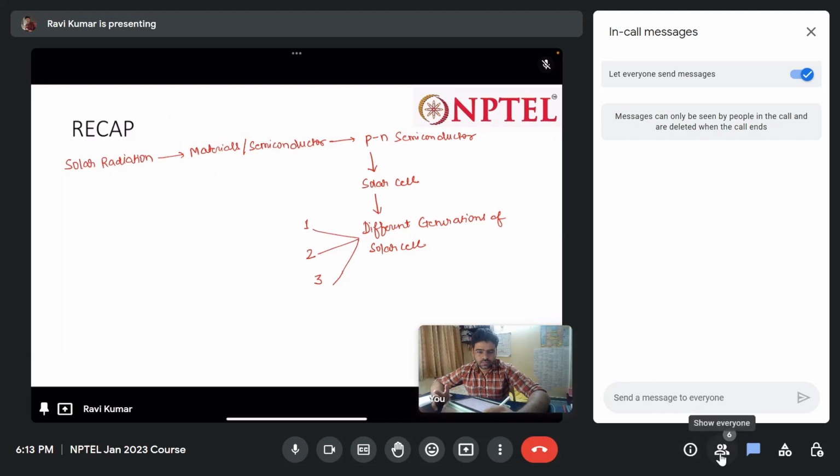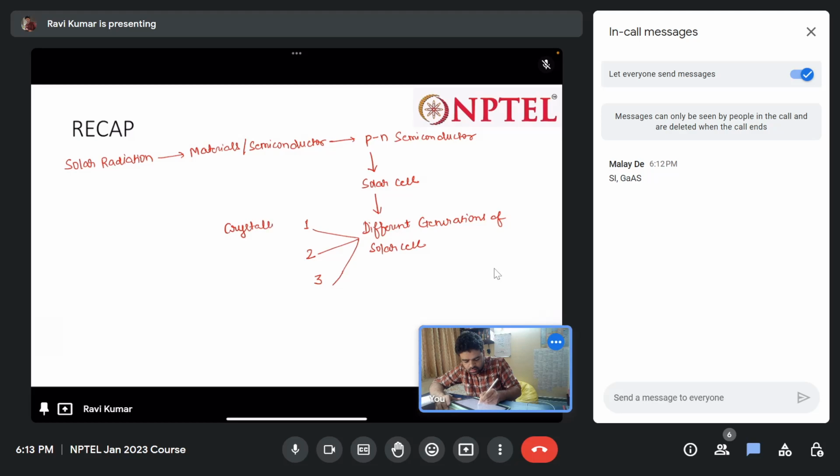First generation is monocrystalline, polycrystalline, so we can say crystalline silicon. Second generation is amorphous silicon, thin film. And third generation is organic, perovskite, quantum dot.